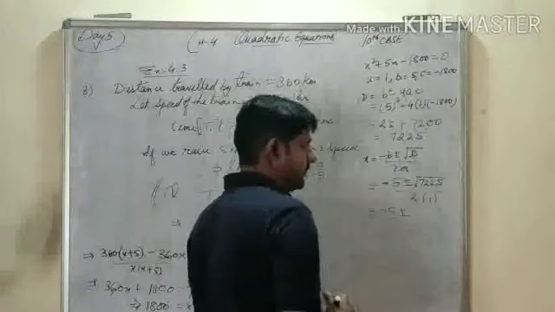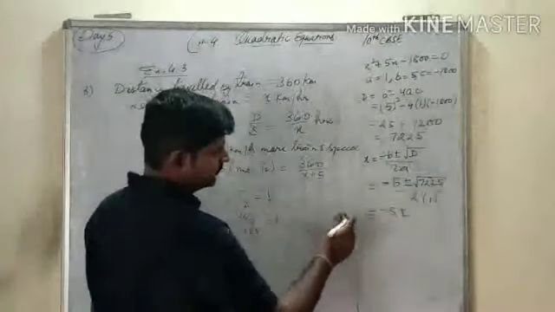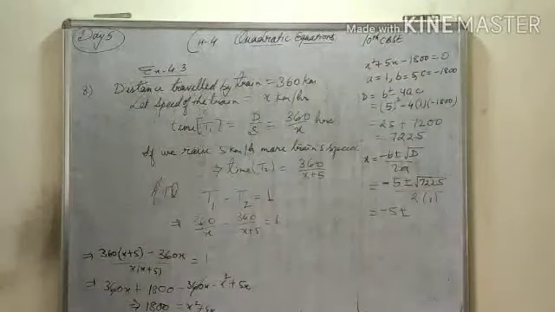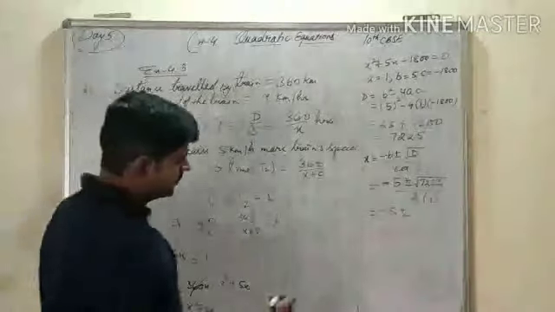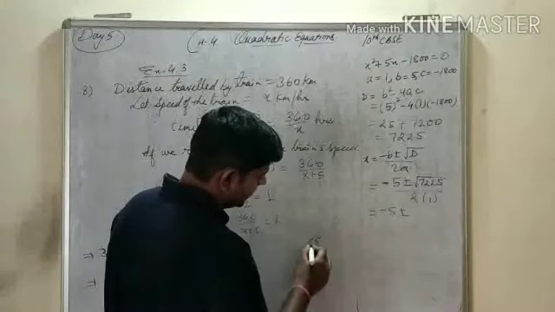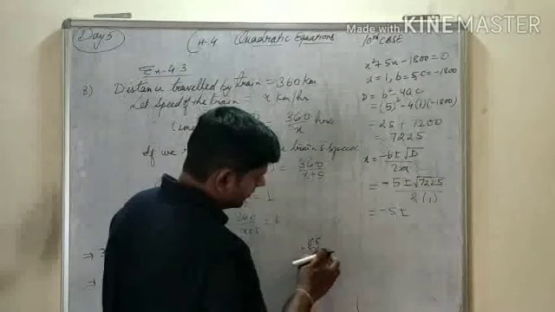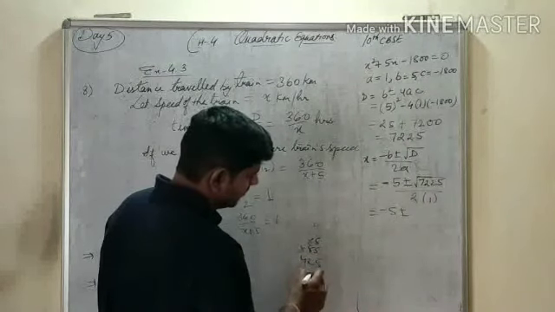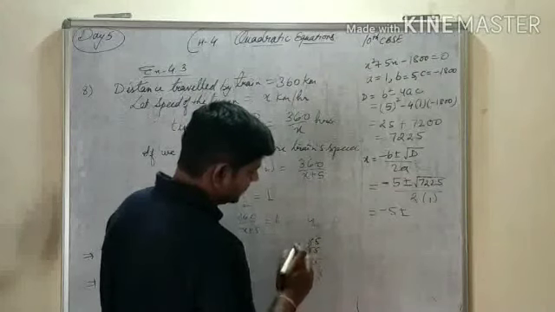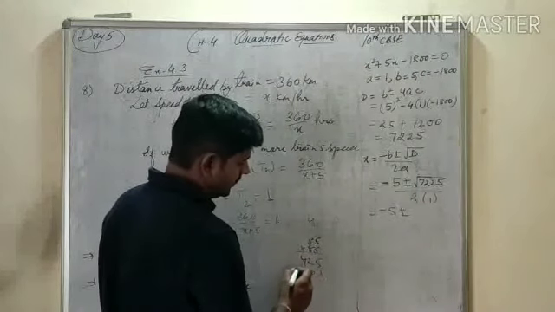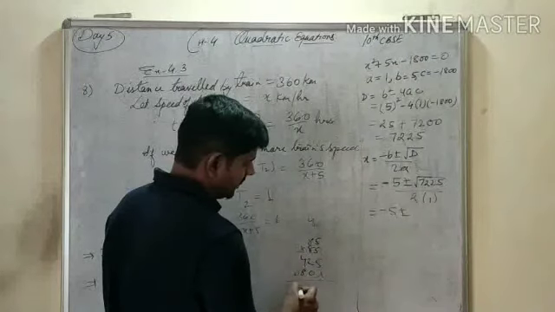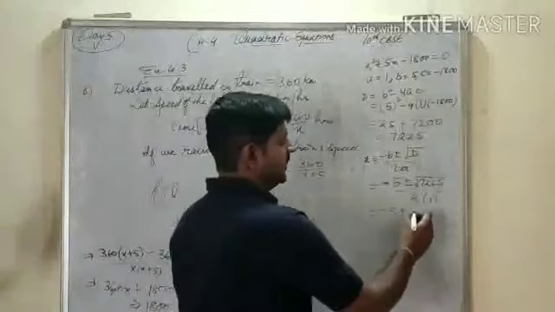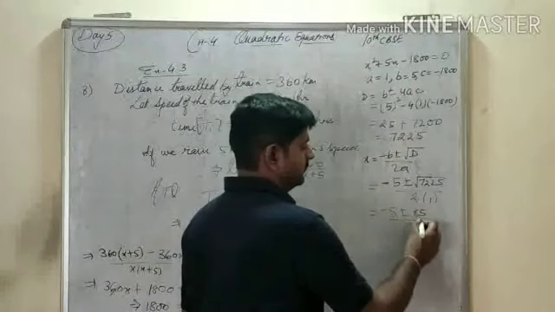Minus 5 plus minus. As we know, this is 7225. If we see, 85 square gives 7225. So in place of this, we can write 85 upon 2.